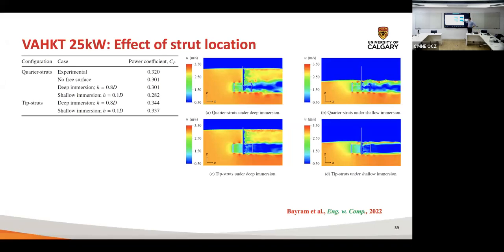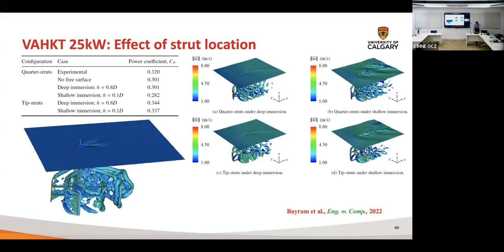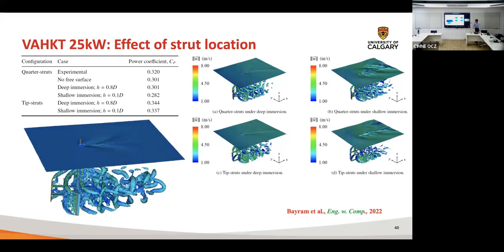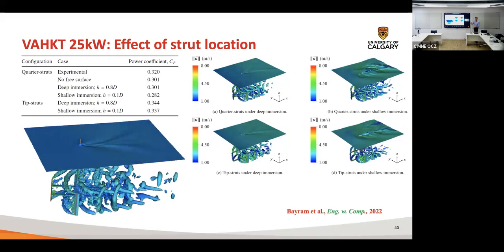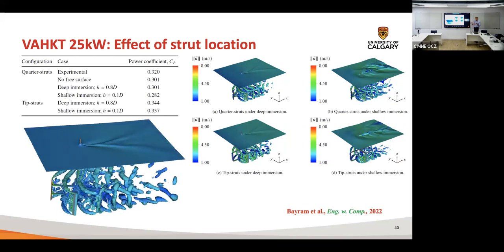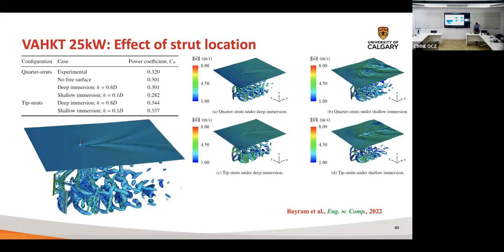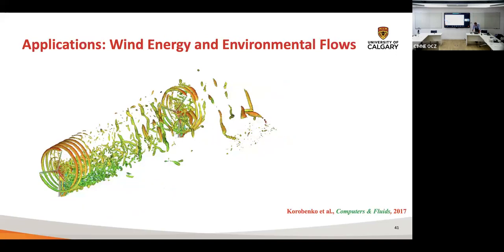Also, you can see as soon as you put your struts at the tip, you have this huge deficiency in the wake, and normally you arrange these systems in an array. And so that also should be taken into account. And then there's the point of view of the free surface, because these units are installed on a barge. So you also make sure that there is not much free surface movement such that it becomes more stable, okay? Good, okay, let's see, I have 7 minutes.